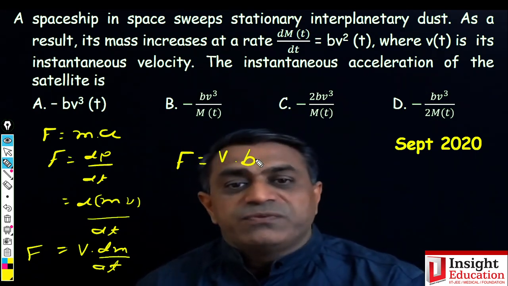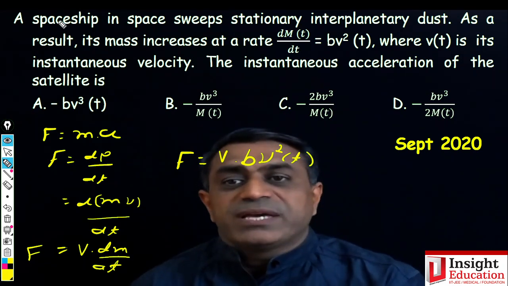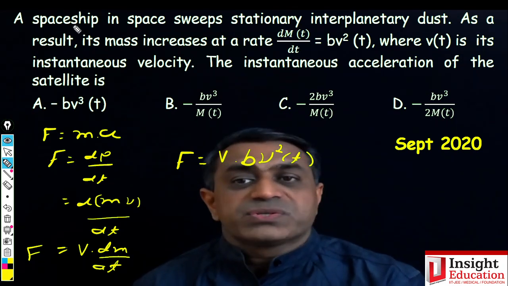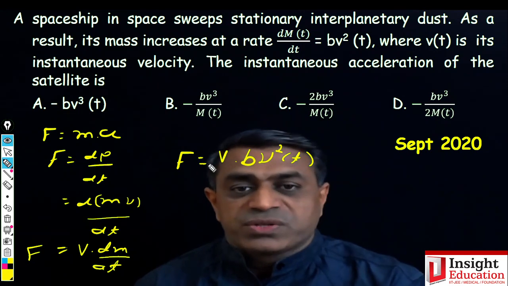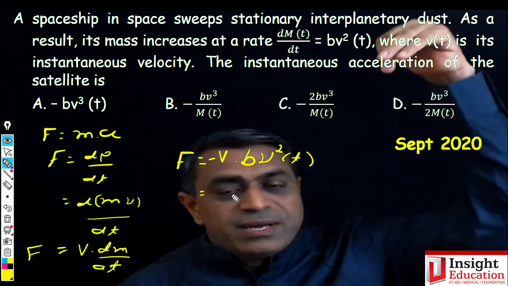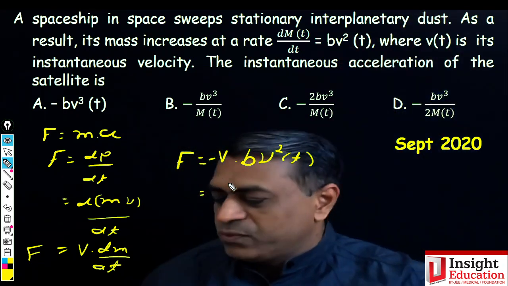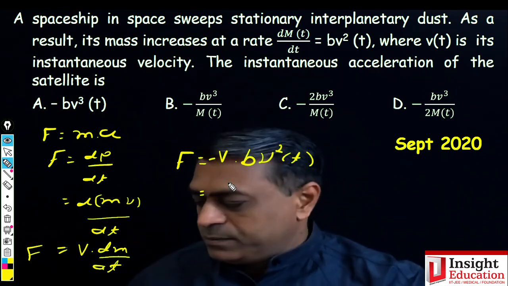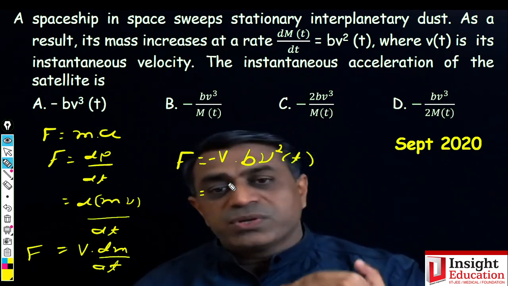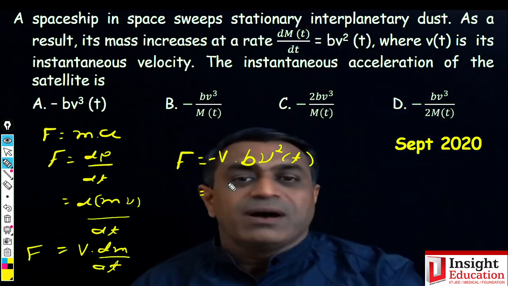So dm by dt is b v square, a function of time. But in the case of a spaceship, the force is thrust force. For thrust force, you can write negative, because force is in the downward direction and motion is in the upward direction.